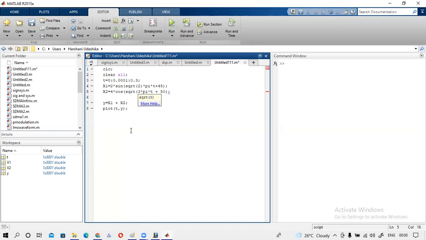I can't remember the exact values, but let's run this.